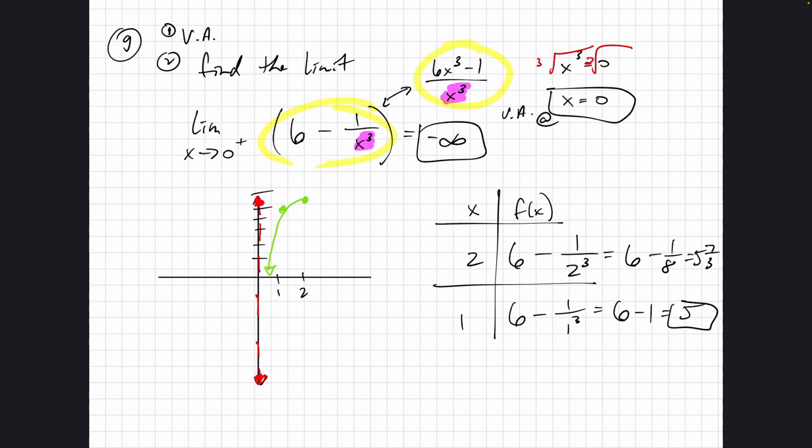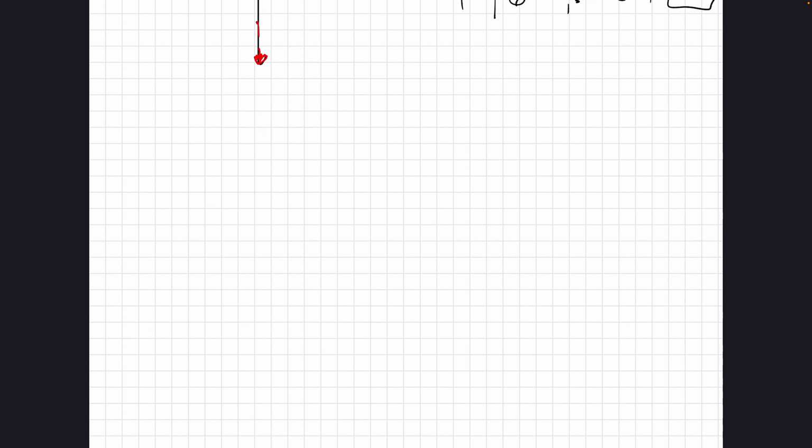All right, let's try another one. Let's call this one H. Let's try another trig one.